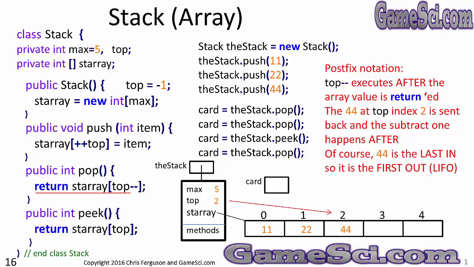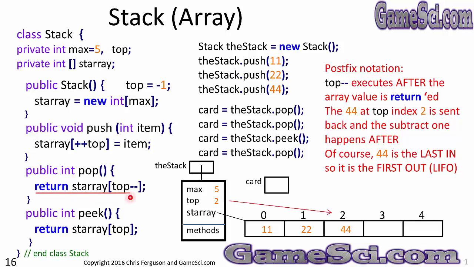And of course, 44 is the last in, so we expect it to be the first out. Stacks implement LIFO, or last in, first out. 44 is the last item in. I expect 44 to be the first item out. But again, notice the red line here. It doesn't go all the way through.